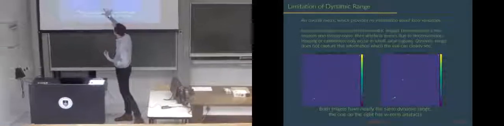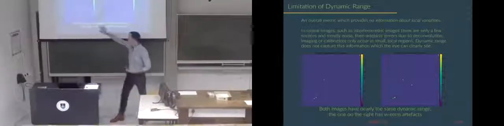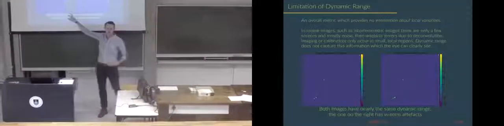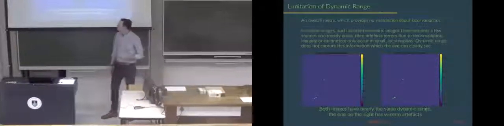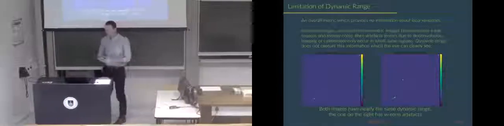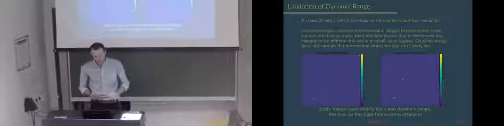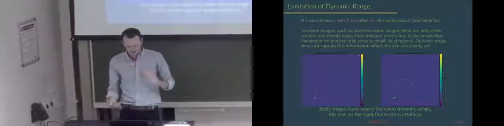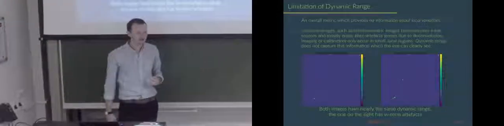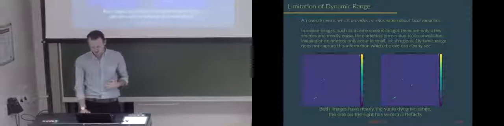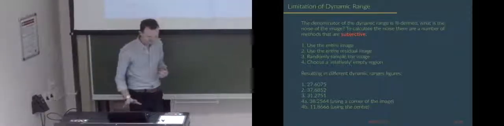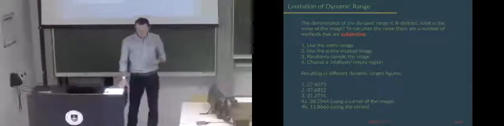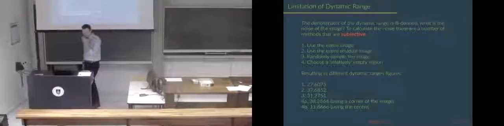These two images, where this one is clearly a better image because it doesn't have W term effects, have the same dynamic range. So obviously it's not that good of a metric. It's a decent metric. It says something about how deep you've separated signal from noise, but it's not really a full, complete statement about the information. So I would recommend not putting too much weight on dynamic range.